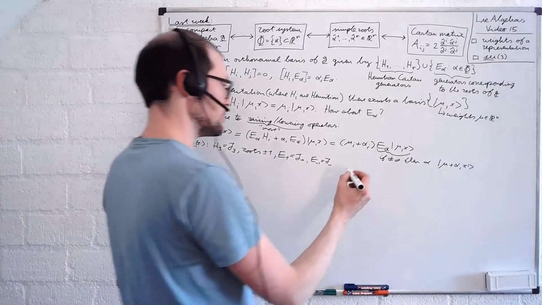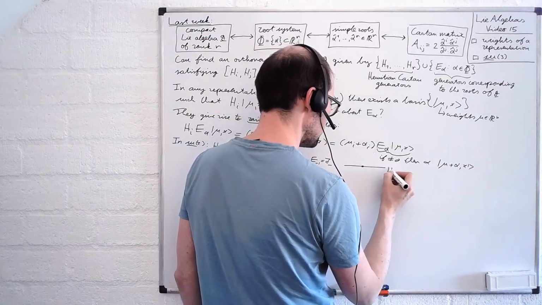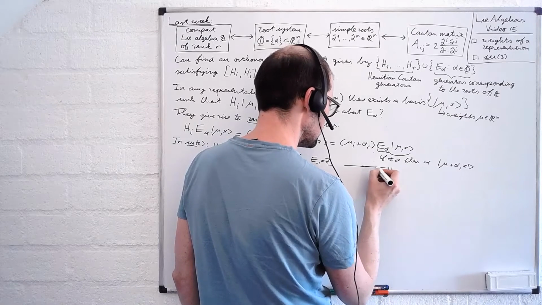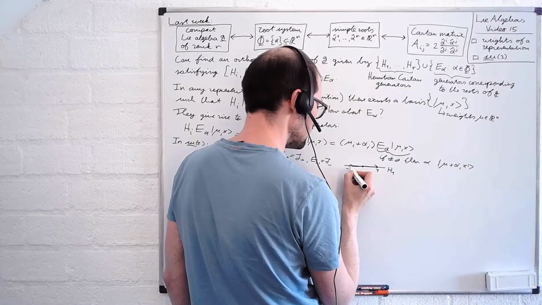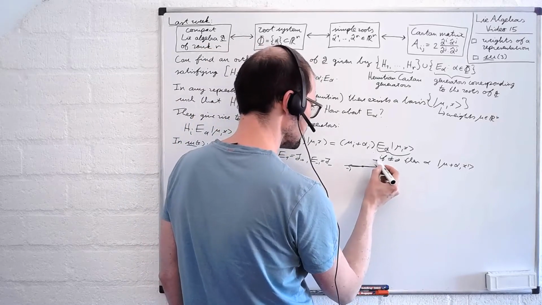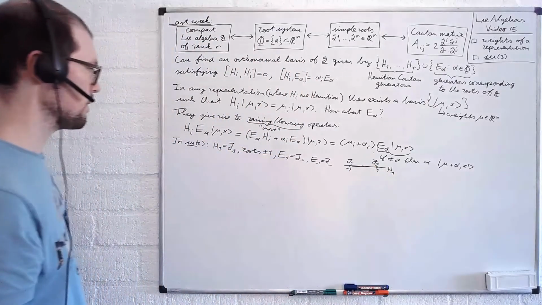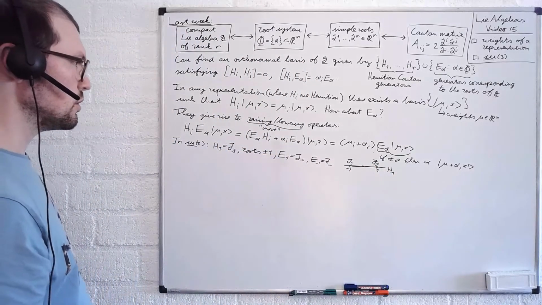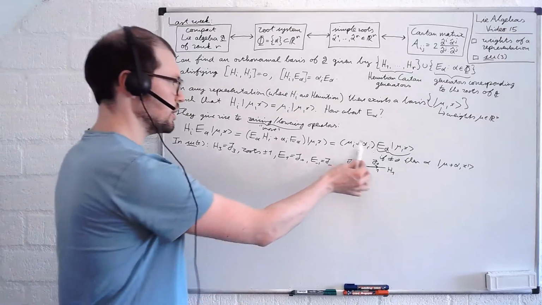And if we look at the root system, this is the root diagram. So we have the root 1 and the root minus 1. So the corresponding generators are J plus and J minus. So in the spin J representation, we understand this very well.